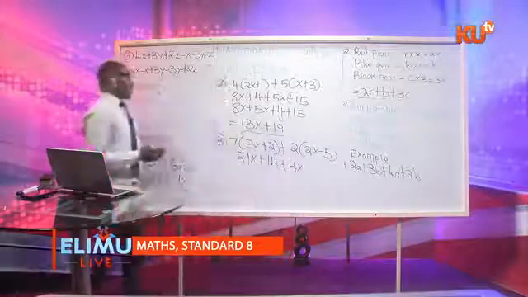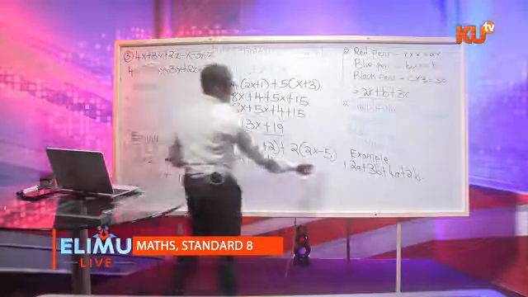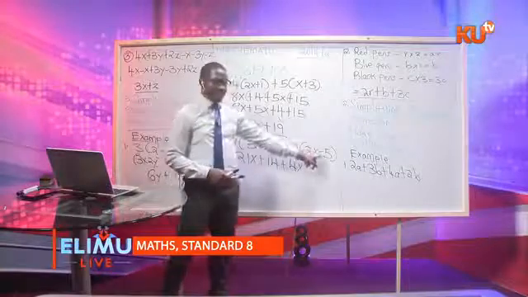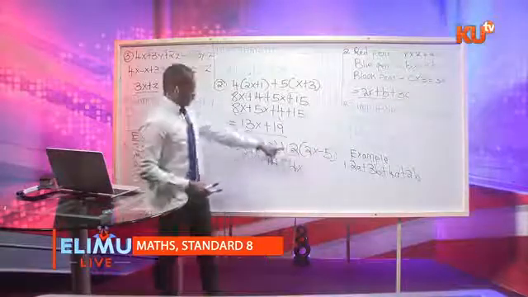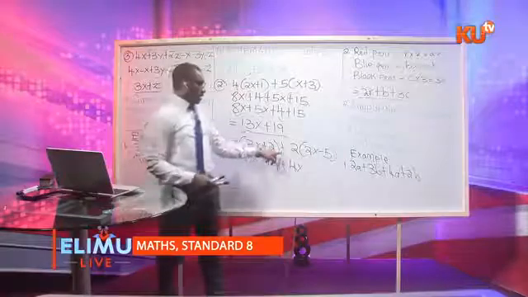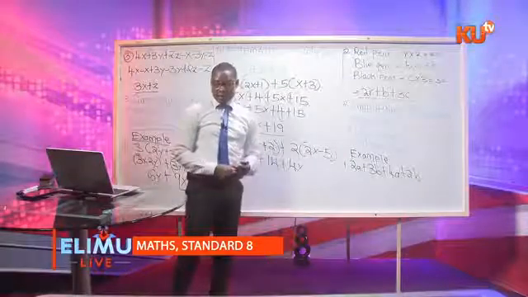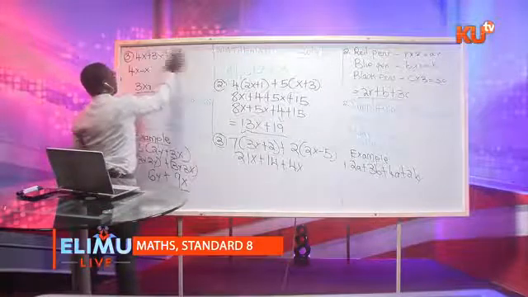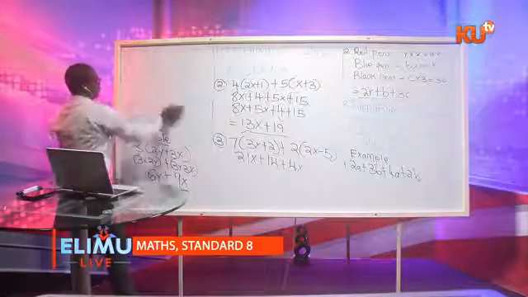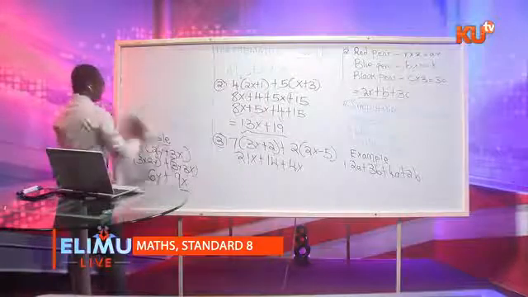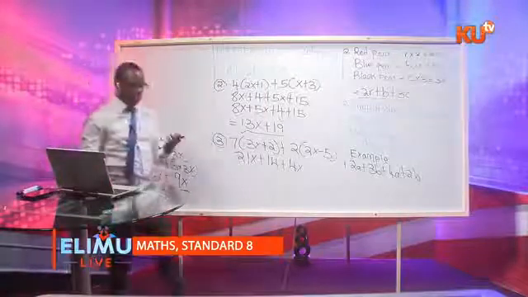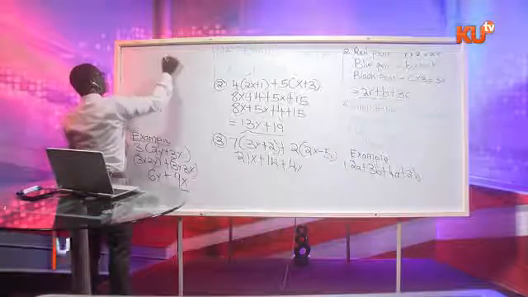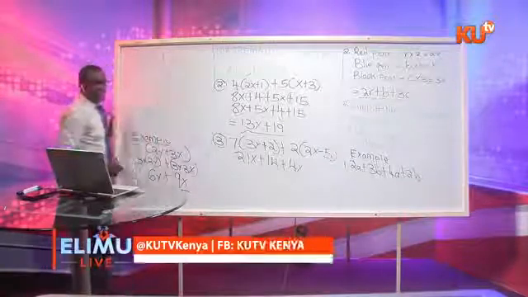Now, there is a subtraction sign here that I want to explain. When you have a subtraction sign and an addition sign, they multiply each other. And we know the following. When we multiply an addition sign times an addition sign, the answer is addition.